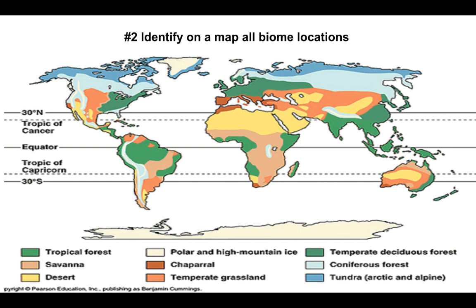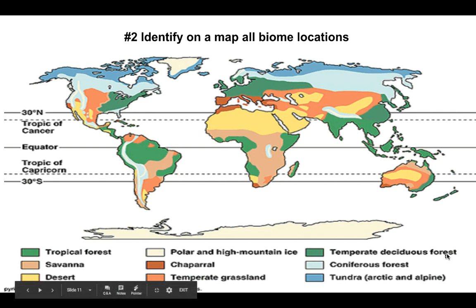So we're going to look at your map on the next page. Let's look at some of these locations. As you can see, in the northeastern United States, we actually have temperate deciduous forest.